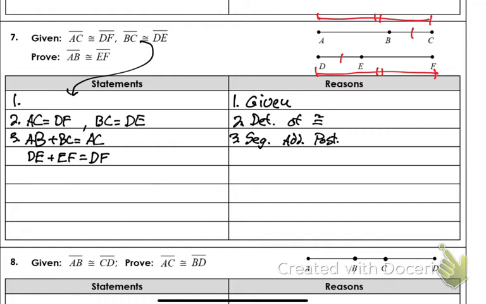All right. Now what we need to do, I guess there's a couple ways we can handle this. So we know that BC equals DE. What's the easiest way to go next? Because I'm not overly happy with how I did it.